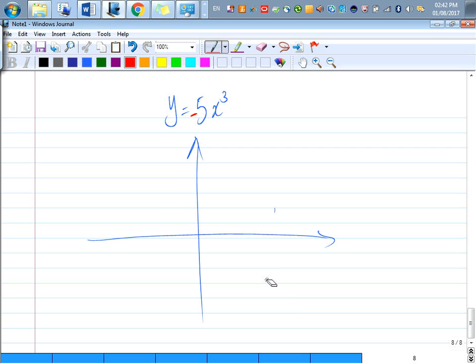You mean like this, is it? You mean like that? Like, it touches like that, is it?